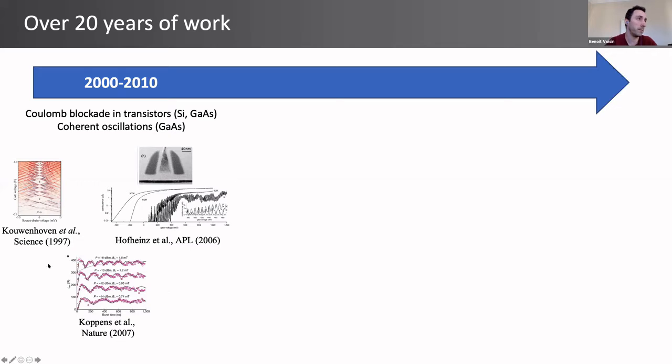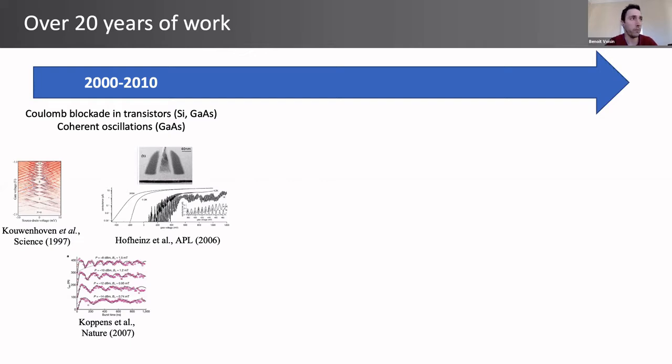There's the seminal work from Kouwenhoven demonstrating Coulomb blockade in gallium arsenide quantum dots, and that basically drove to a key result in 2007 to demonstrate coherent oscillation using an electron trapped in gallium arsenide.